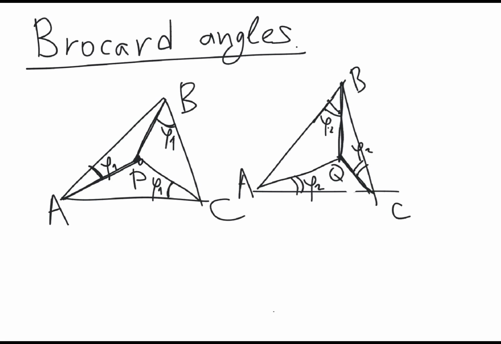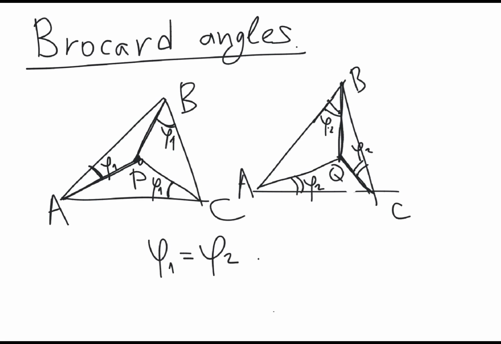It turns out to be a very interesting property that they're equal to each other. Phi1 is equal to phi2, and we can calculate it using the angles of the triangle.